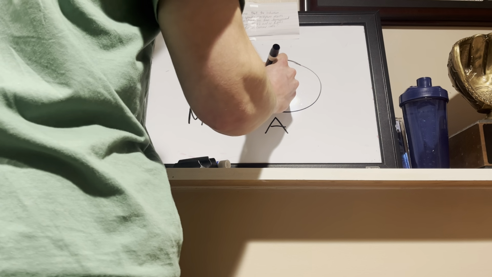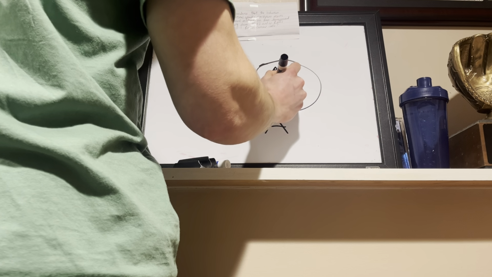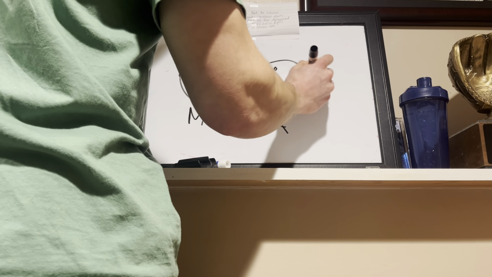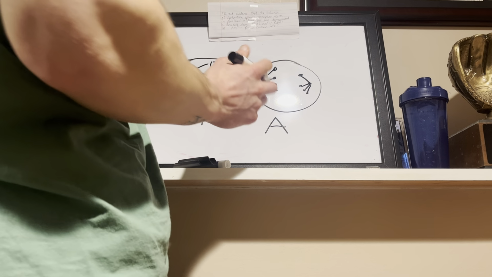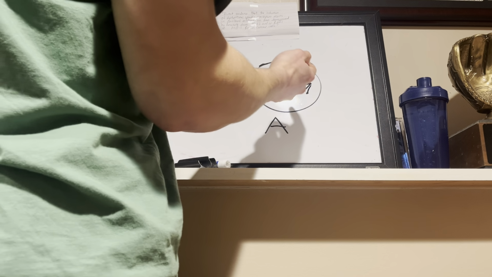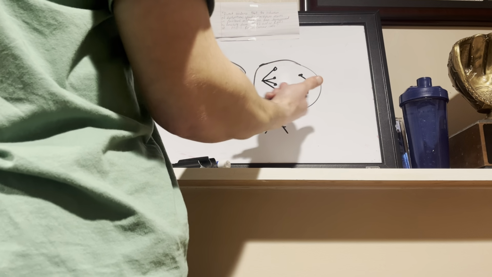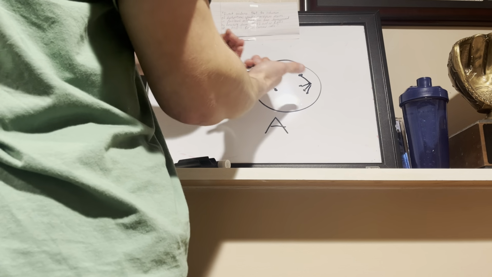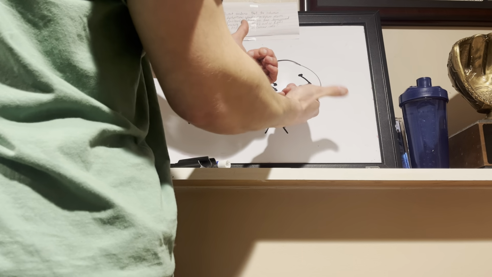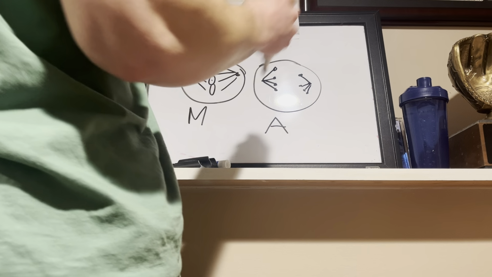And these spindle fibers will soon pull chromosomes away from each other, away from the metaphase plate. And ideally, there will be one copy of chromosome 1, one copy of chromosome 1, one copy of chromosome 2, one copy of chromosome 2, all the way down to 23. So each spindle will have one copy of each chromosome pulled away.